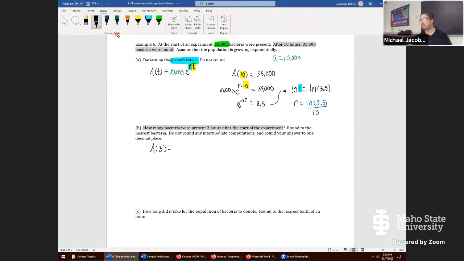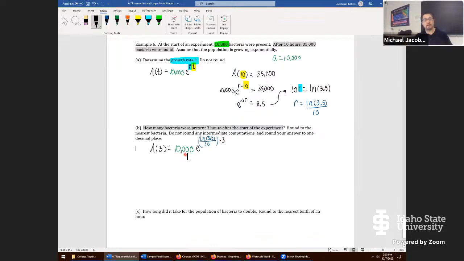Now it's turning into the initial amount, 10,000, then e to the power, a strange looking power, but here it is, natural log of 3.5 divided by 10, and that whole quantity multiplied by 3, still in the exponent position. All of that now goes into the calculator.